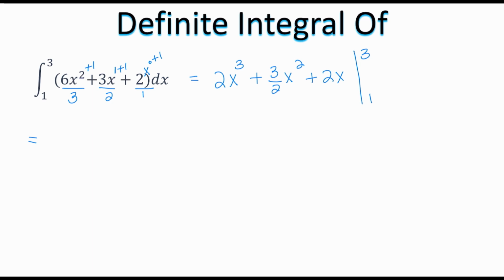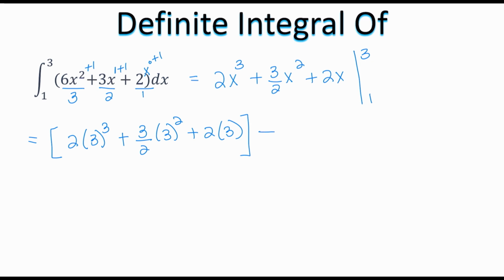So I'm going to write bracket 2 times 3 to the third power plus 3 over 2 times 3 squared plus 2 times 3, and then I'm going to close the bracket, because that ends when I substitute the 3.